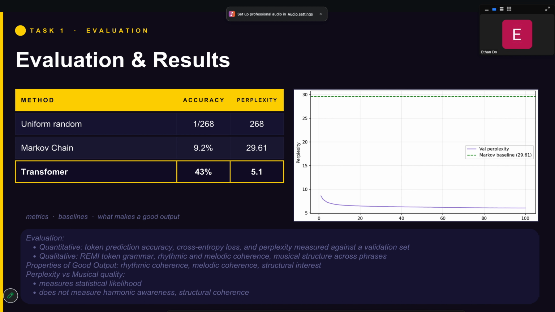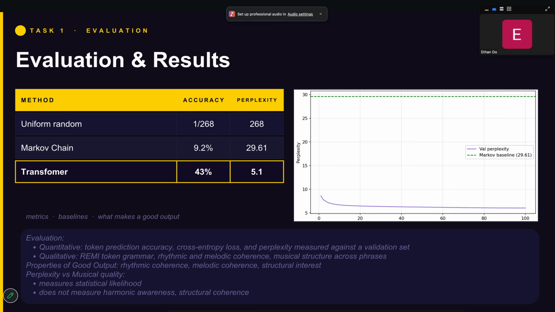As we can see here, our Markov chain gets a 9.2% accuracy and perplexity of 29.61, whereas our transformer reaches 43% accuracy and perplexity of 5.1. This basically means that our transformer learns way more than our Markov baseline.